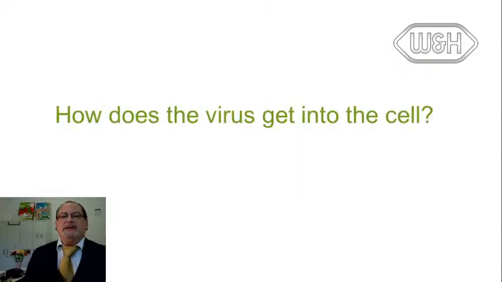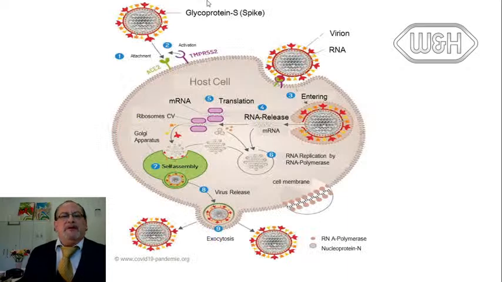How does the virus get into the cell? First of all, the virus has some glycoproteins on the surface, and they are called the spike proteins, and these spike proteins get into connection with the ACE2 receptor, which is the angiotensin converting enzyme receptor. And when the attachment has taken place, the membrane will invaginate, and the virus can enter the cell.